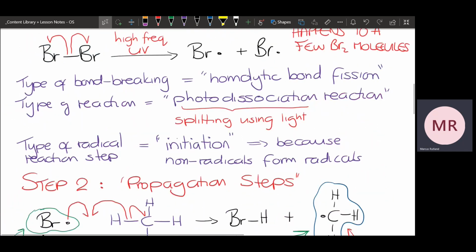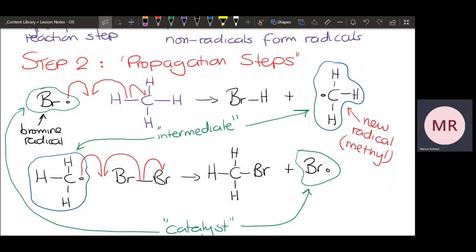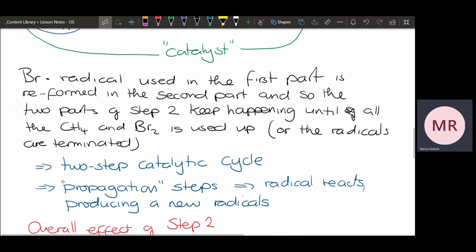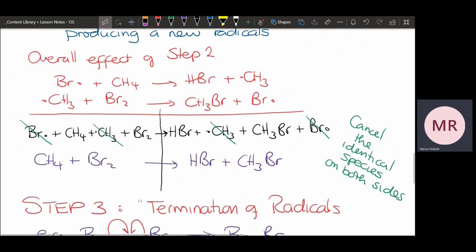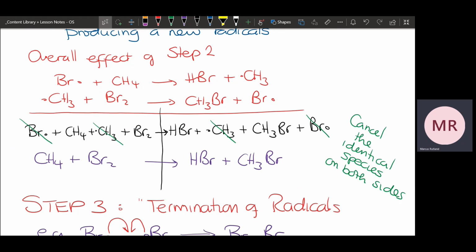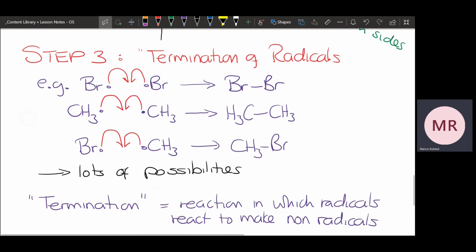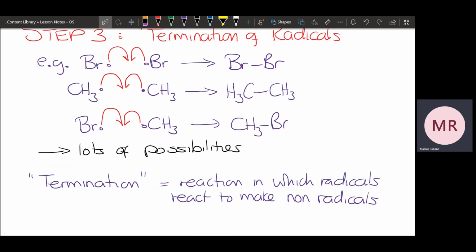Those radicals then diving in to this two-step catalytic cycle with propagation steps that just goes round and round and round and round, using up methane and bromine to make the HBr and bromomethane products. But along the way, it's possible that radicals meet each other and terminate, and then that kind of prevents the reaction carrying on with that radical.